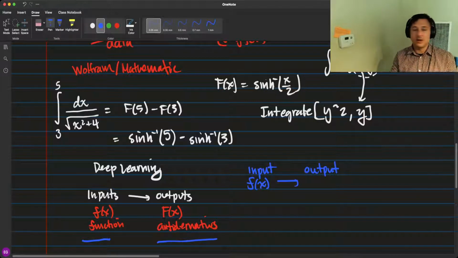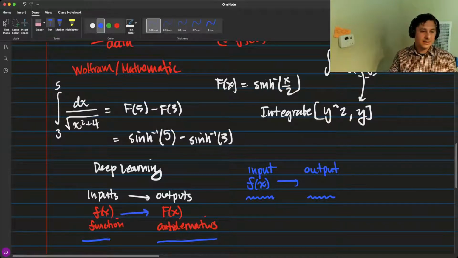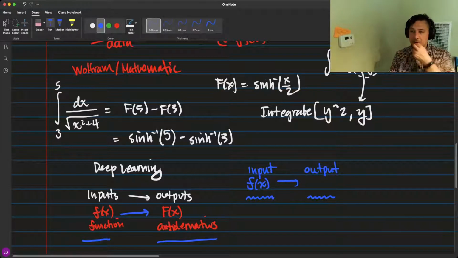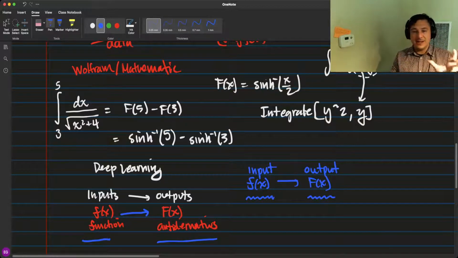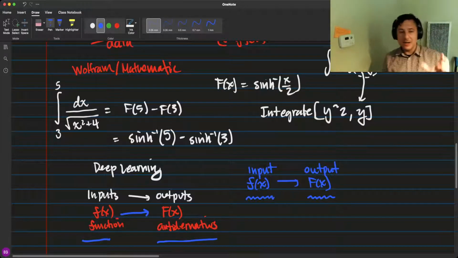So you're writing a program so that you'll input a function, and then what will the computer spit out? What did it learn to associate the function with? The antiderivative.